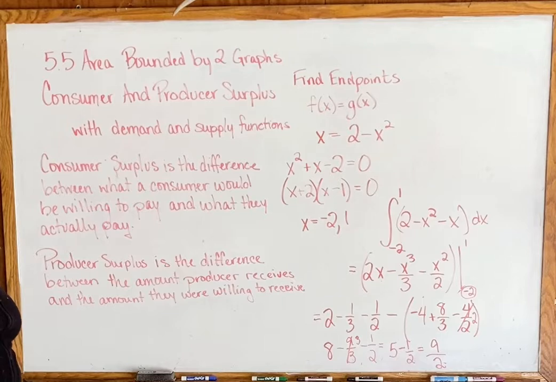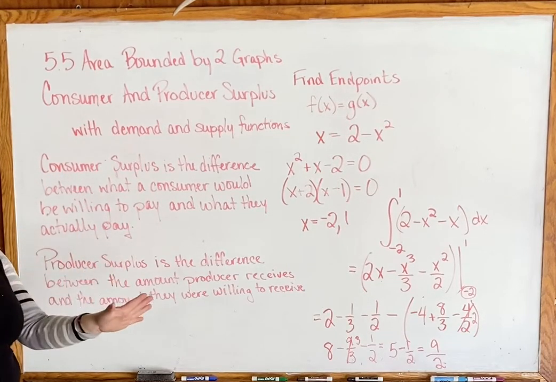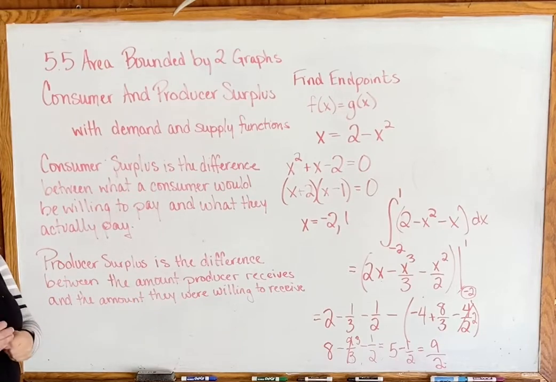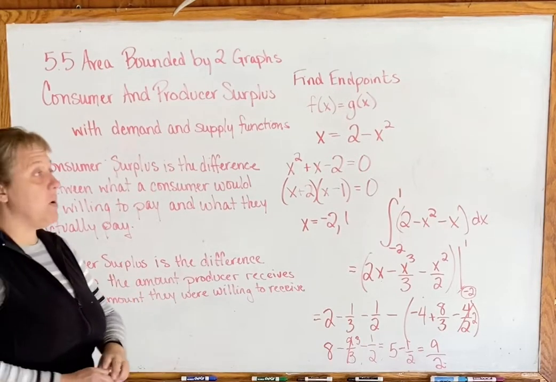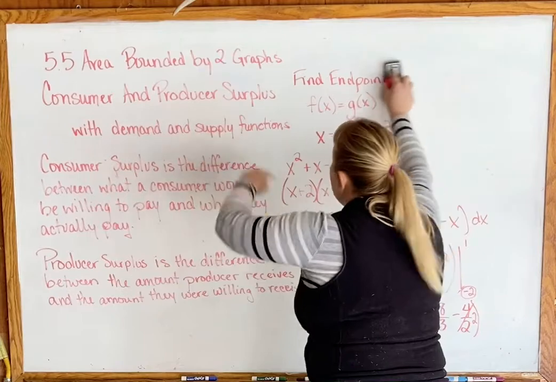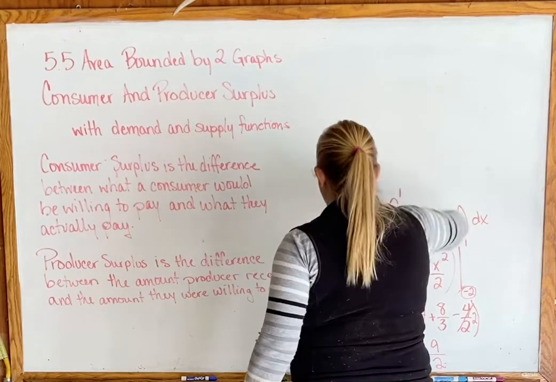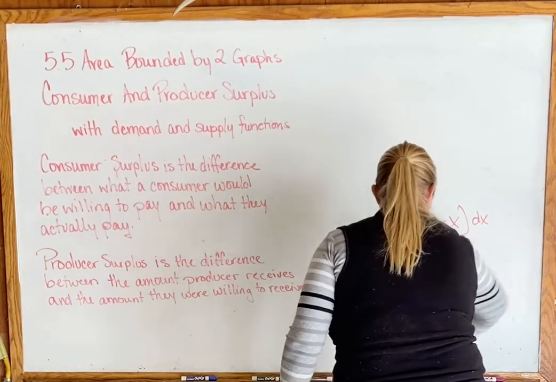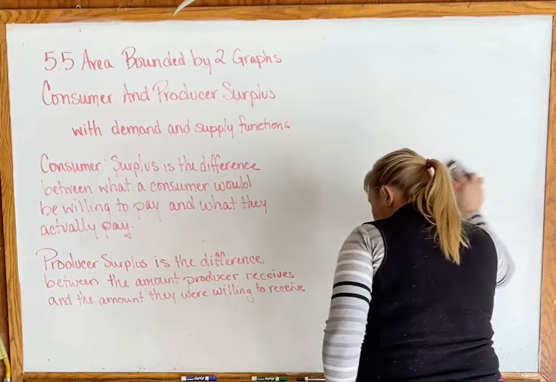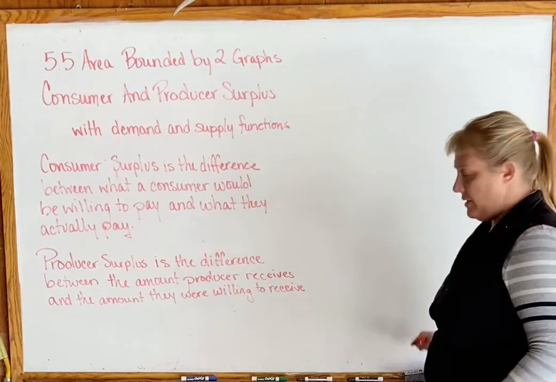Okay, so with those two things written out, and again, in your business classes you will definitely look into that far more than I have, but with these written out, thinking about them versus demand and supply gives us a graph.